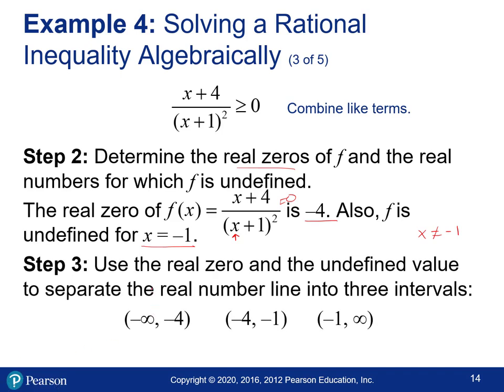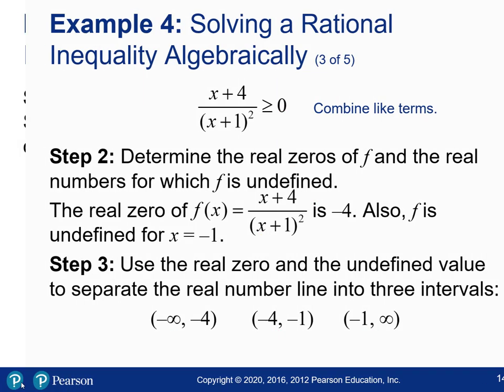Alright, so we're going to split up our real number line with our real zero, negative 4, and also the number where we can't plug in, where the function's undefined. And so we're going to pick a number to the left of negative 4, a number in between negative 4 and negative 1, and a number greater than negative 1, and then see how our function behaves and if it's positive or 0, greater than or equal to 0.